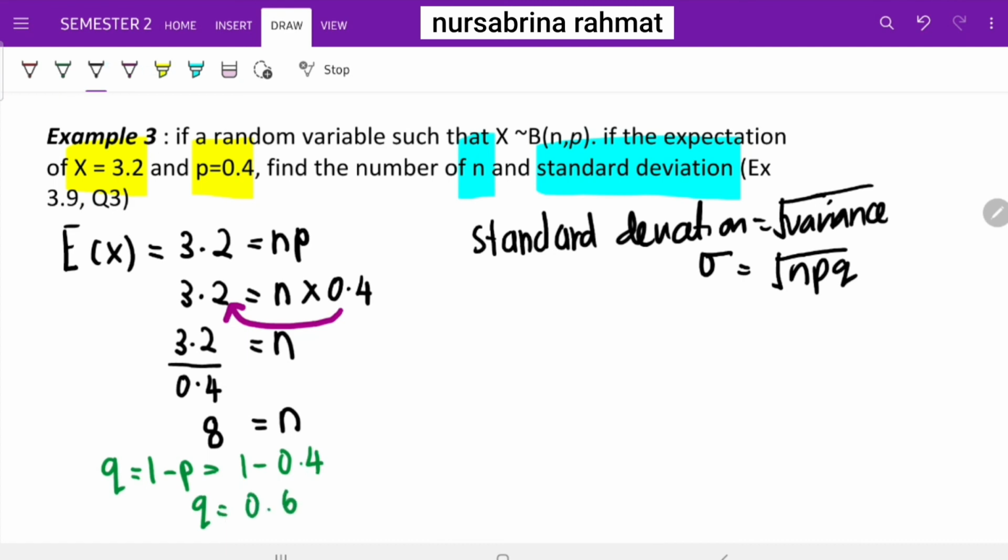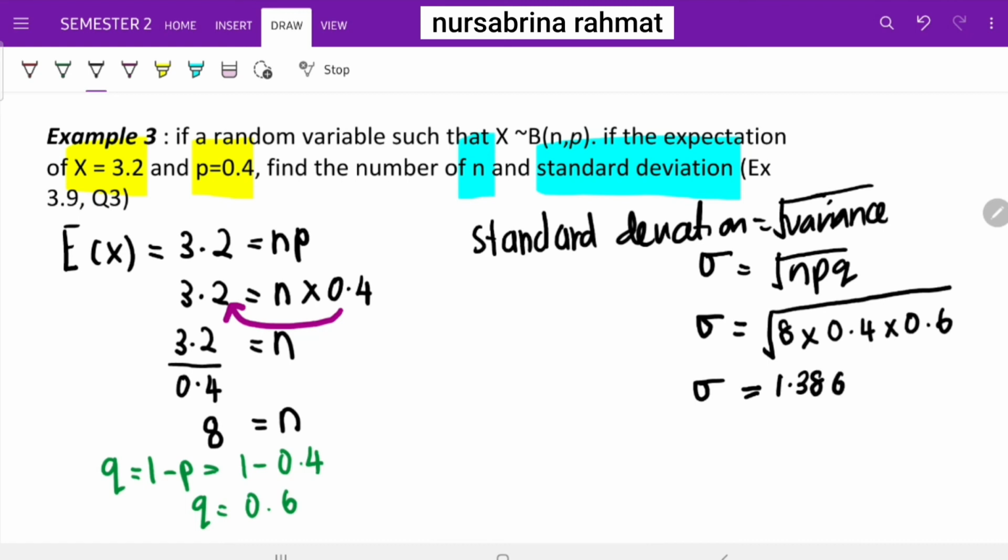Now we can substitute all the required values into the formula. n is 8, multiplied by p, which is 0.4, multiplied by q, which is 0.6, and the square root of everything. It turns out your standard deviation is 1.386.